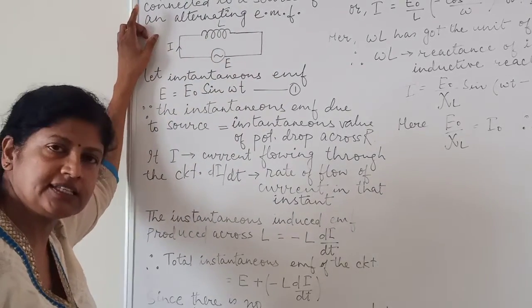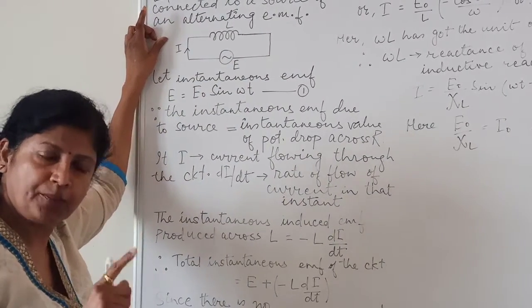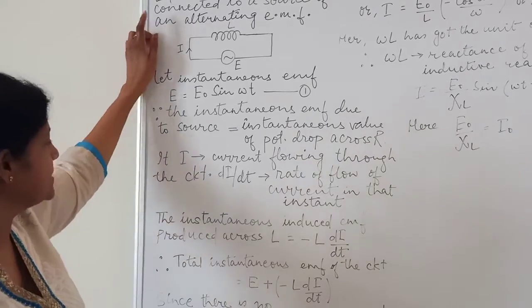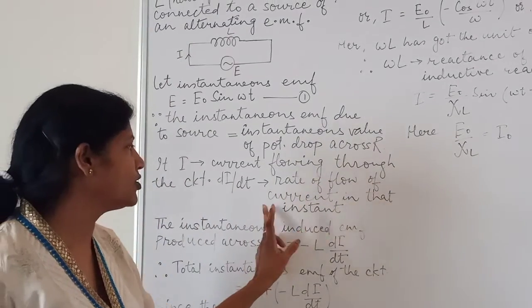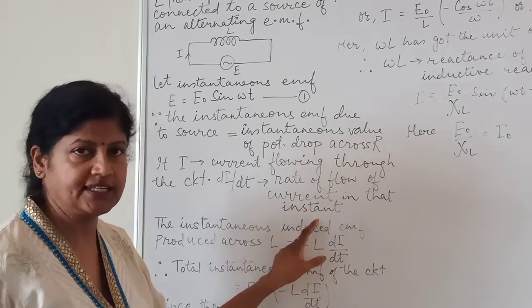Here di upon dt is the rate of flow of current at that instant.